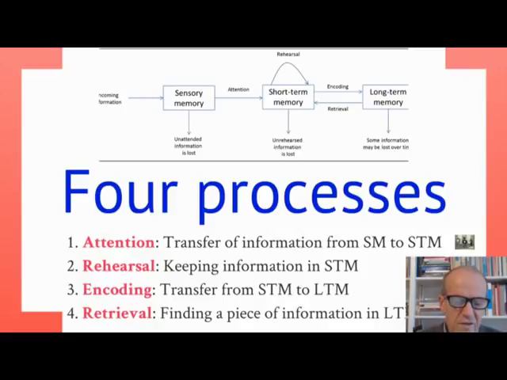Encoding is the third process we're talking about, and this is the process by which information is brought from short-term memory to long-term memory. This is a very important process, and again, a lot of effort is involved here in order to reduce the cognitive load which this process of transfer brings about.